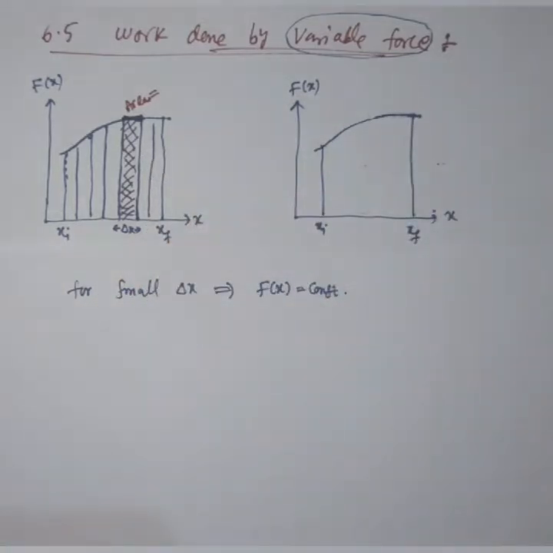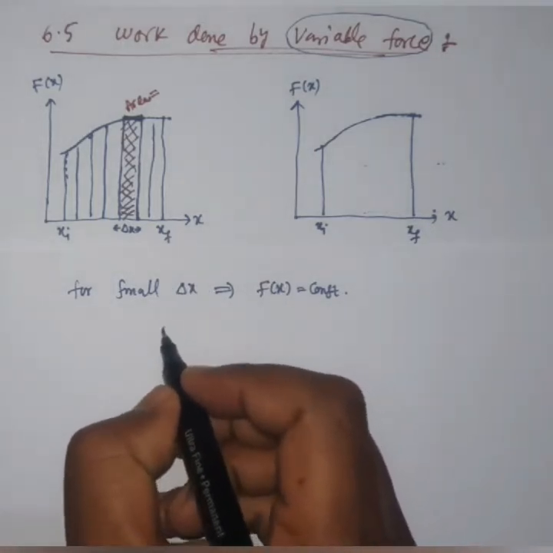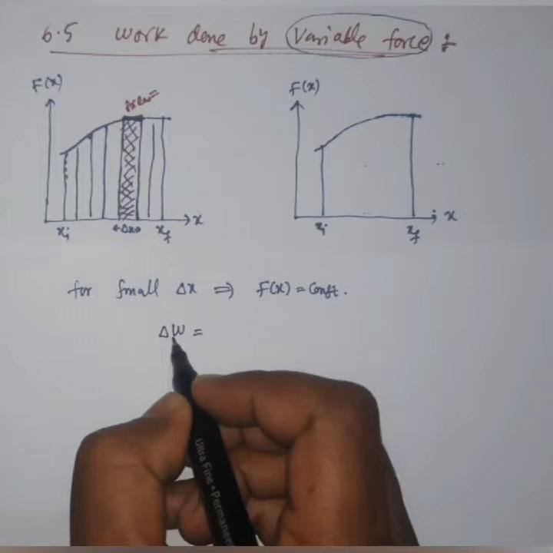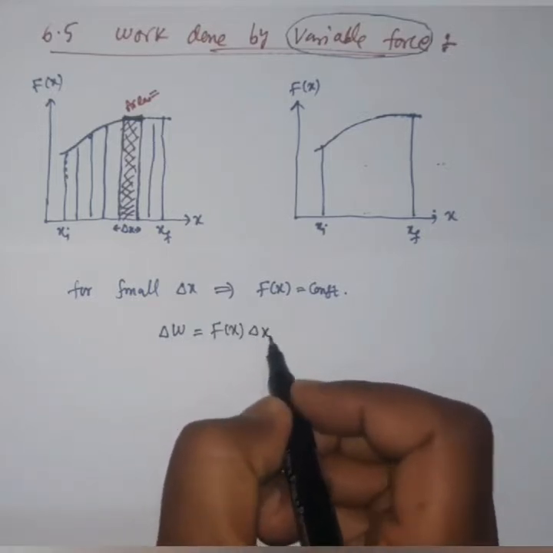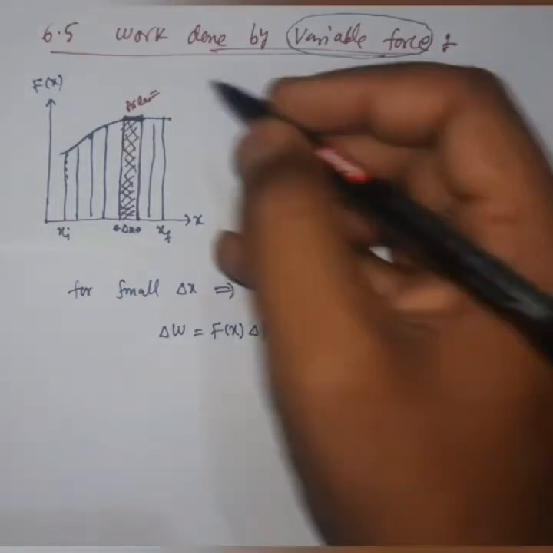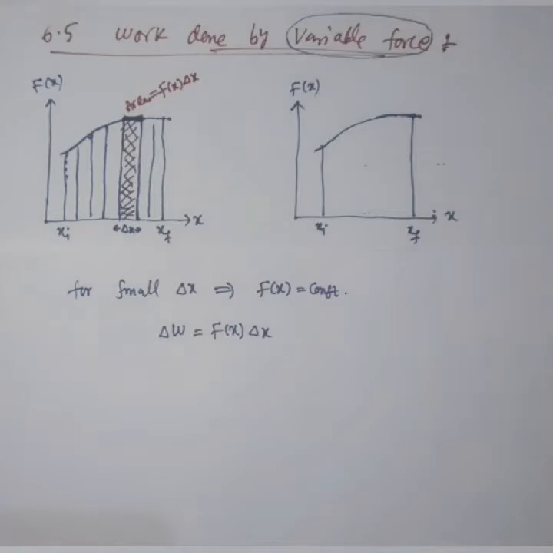So the work done for a small displacement, delta W, is equal to f of x into delta x. So the area is f of x into delta x. That is known as work done.